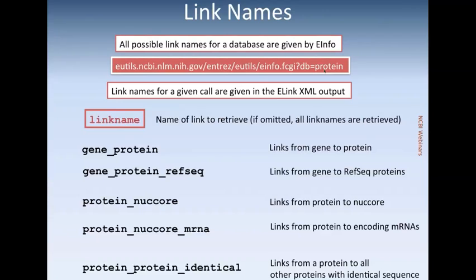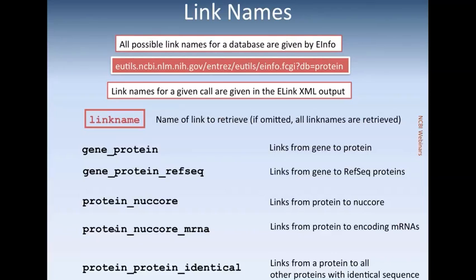Again, there's documentation in the ELink section of the book that will tell you more about this. But for example, a gene_protein link name means a link that goes from gene to protein. But there are more interesting ones like gene_protein_refseq. That's the one we just did, right? It gives me not just any protein that's associated with that gene, but only reference sequences. In other words, curated proteins that are associated with that gene. I could have protein_nuccore. But let's say I only want messenger RNAs that are linked to a particular protein.